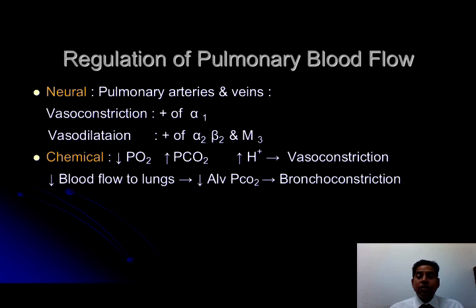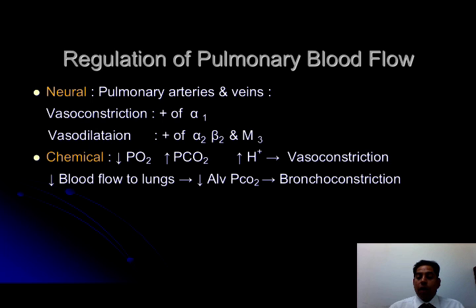Now, this is different from the systemic circuit, where all these will cause a vasodilatation. So, what is a vasodilator metabolite in the peripheral or systemic circulation is a vasoconstrictor in the pulmonary circulation.